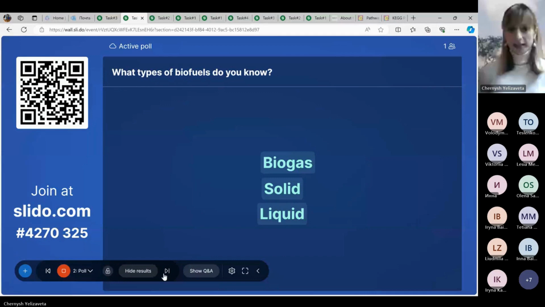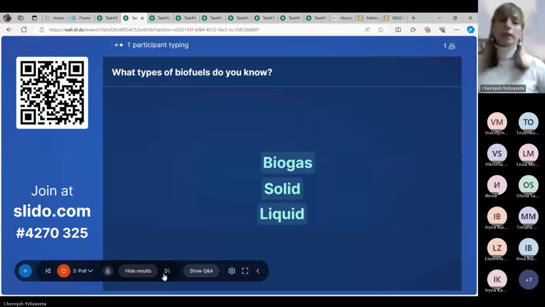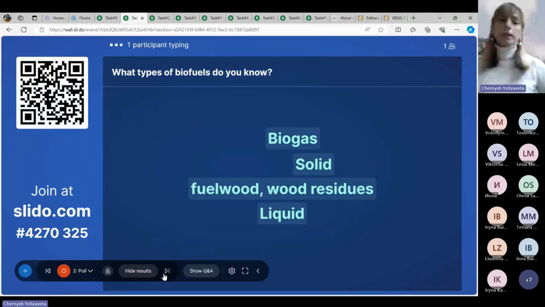So we can mostly talk about different types of biofuel and different fermentation processes involved in the conversion of biomass to get this biofuel. Different generations of biofuel we discussed previously.